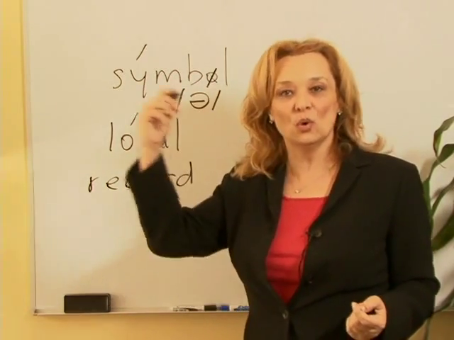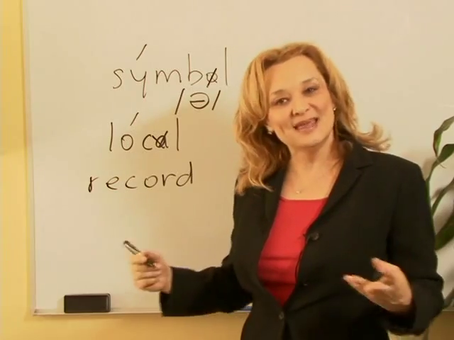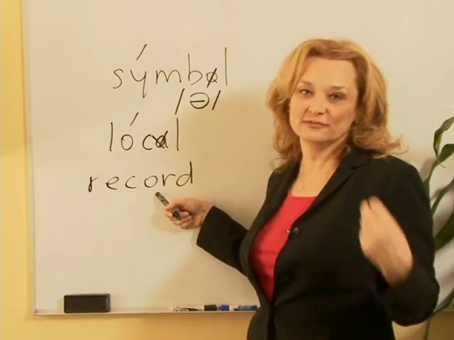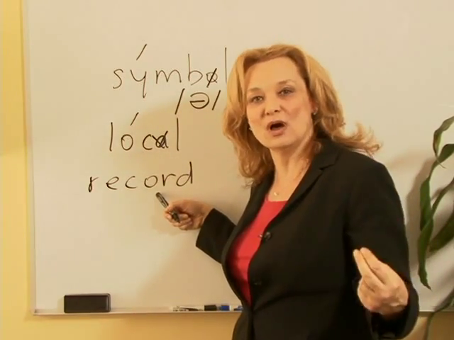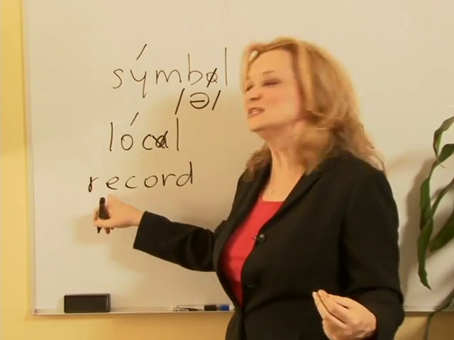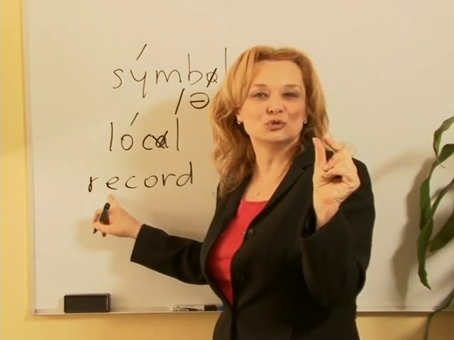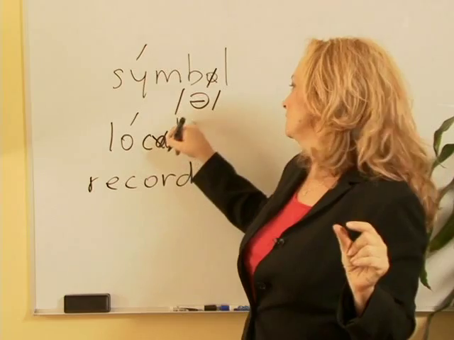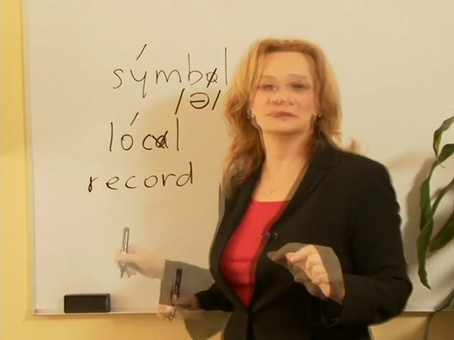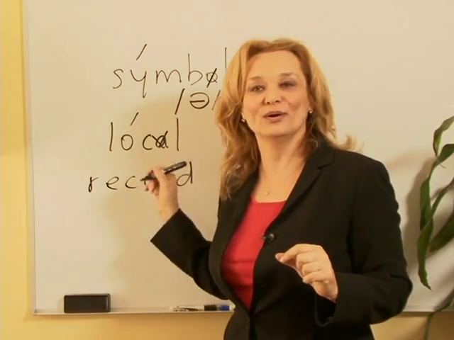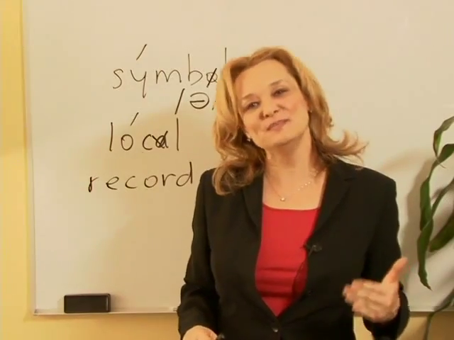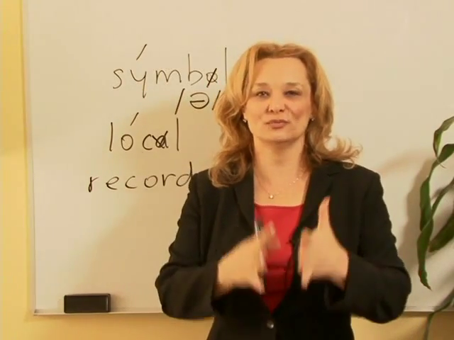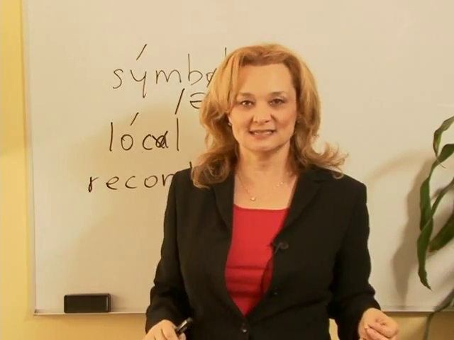I'd like to record my voice. In that case, the O is fully pronounced, it's prolonged, and it's stressed. And this part now becomes short. It almost disappears, and it becomes the uh sound. Record.